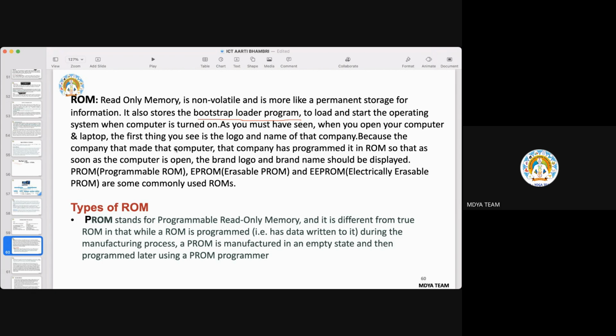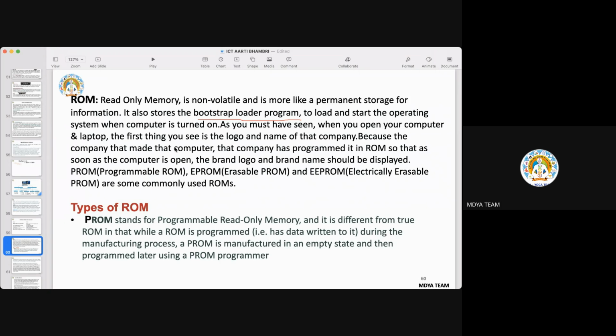All right. So we have seen three types: PROM, EPROM, and EEPROM. That is the programmable ROM, erasable programmable ROM, and electrically erasable programmable ROM. PROM stands for programmable read-only memory.